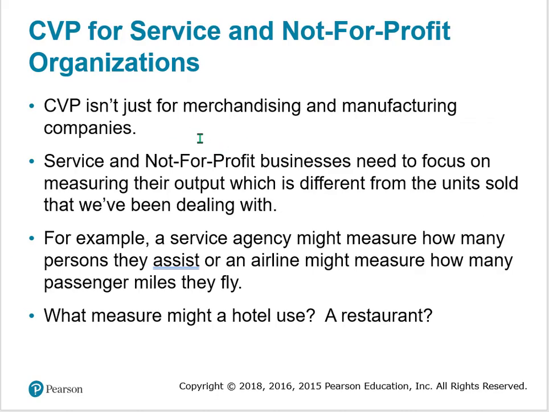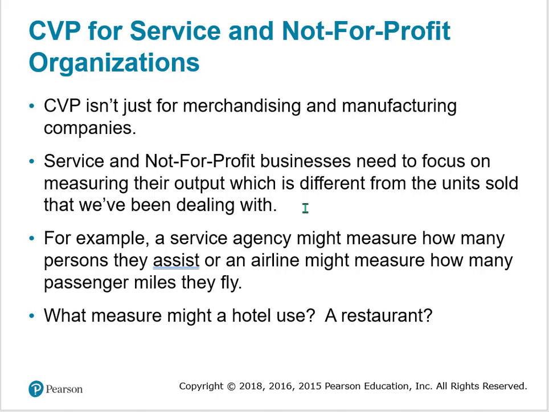It's not just for merchandising and manufacturing companies. It's more prevalent there, but it's certainly useful for service companies and nonprofits as well. The challenge is to focus on a measure of output, which is generally going to be different from the measure of units sold that we've been dealing with so far.